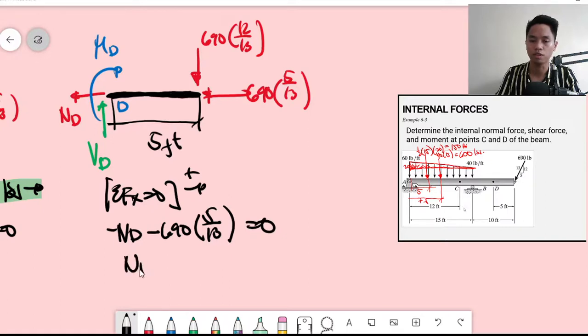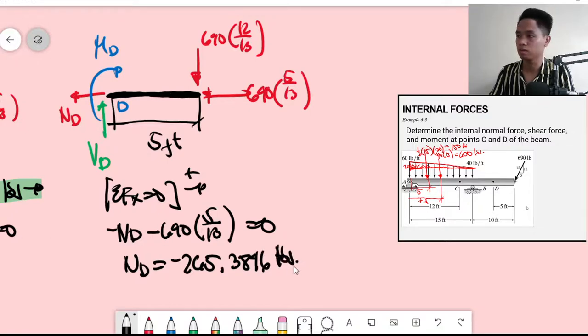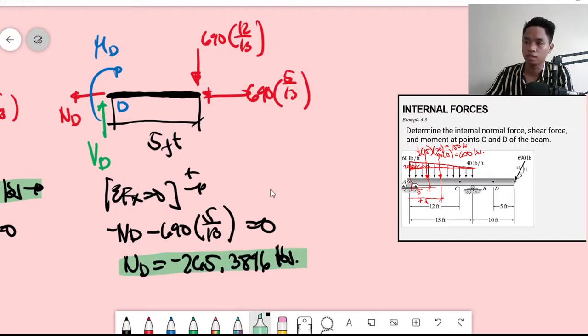Therefore, our normal force at D is equal to negative 690 times 5 over 13, which is negative 265.3846 pounds.